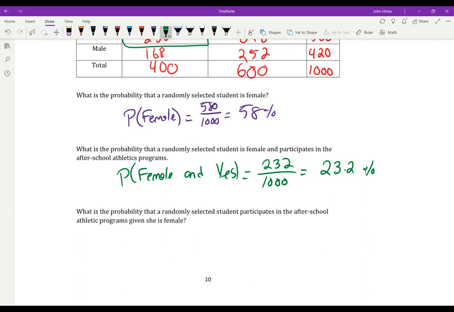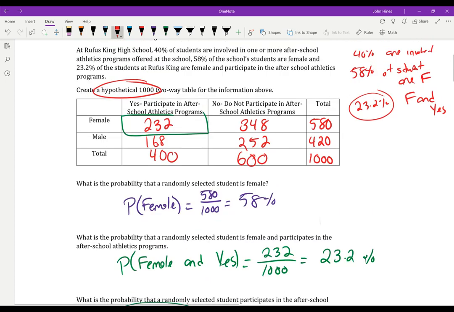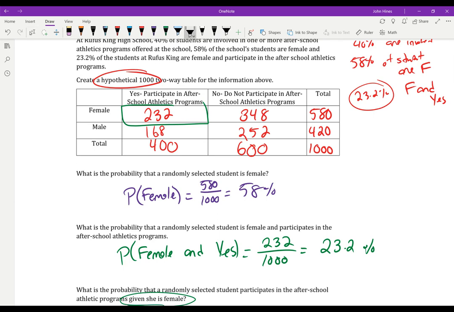Here's a new number that we're going to have to find, though. What is the probability that a randomly selected student participates in after-school athletics programs given she's female? So I was given information here. I'm only picking from the females. What probability am I actually finding here? Yes, they participate, given they're females. So notice my universe has to shrink here. I can't pick out of everybody. I'm only allowed to pick from the females.